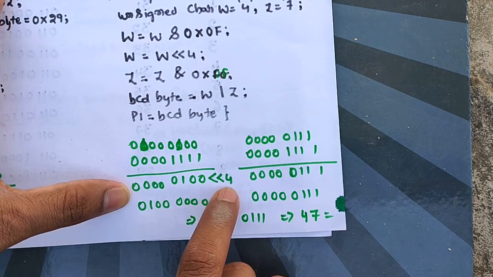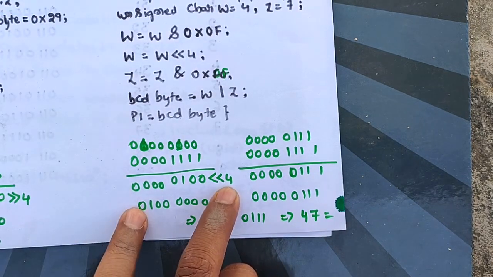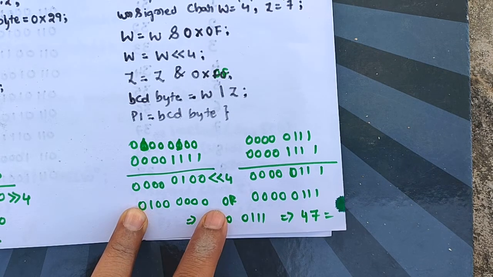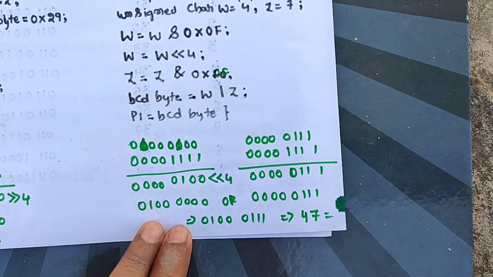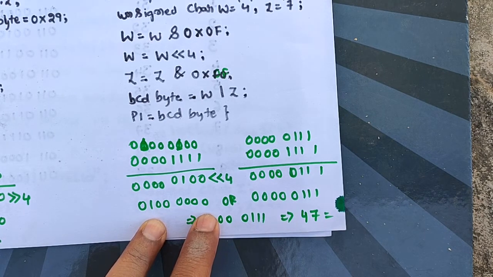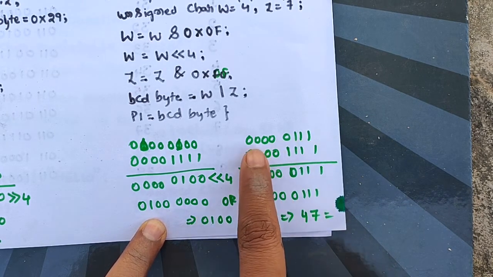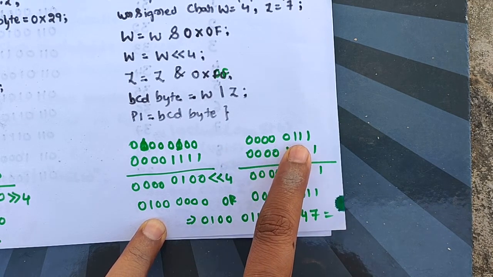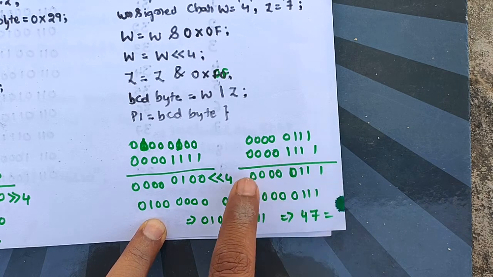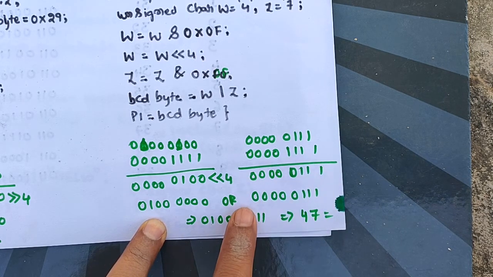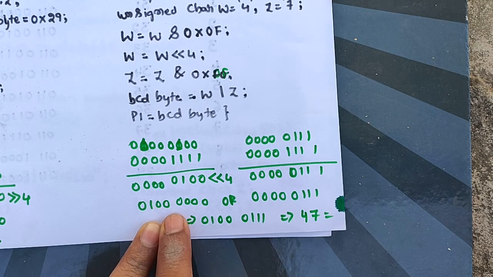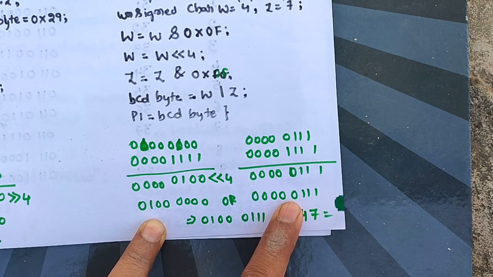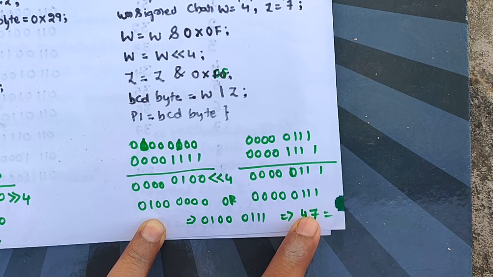So you just rotate the value left by 4 bits, you will get 40. That 40 value you need to store in one particular memory location. After that we go to the lower order byte, that is 07 ANDed with 0F, you will get the same 07. Now perform the OR operation for 40 and 07, and you will get 47.